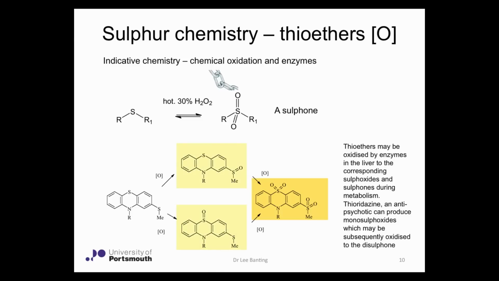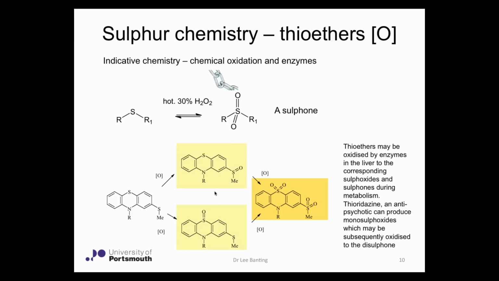Metabolism of this particular drug, which is thioridazine, comes about through quite a complex set of steps. You can get monosulfoxides formed, from either of the sulfurs present in the parent compound. Now, what's interesting is you tend not to get the disulfoxide where both sulfurs have oxygens on. You either get one or the other, which is quite an interesting observation.